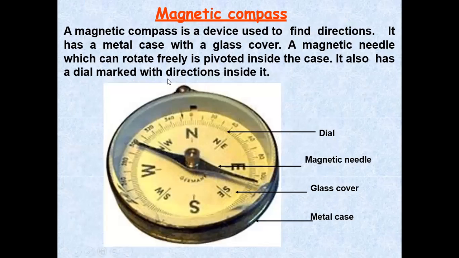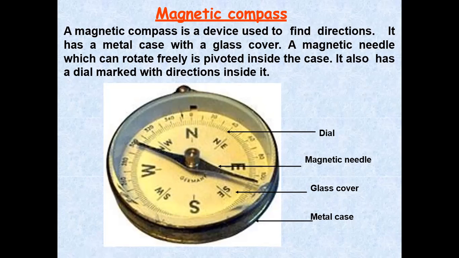Now, we have also studied about the property of magnets, that magnets help us to know the direction. So this property we use in the magnetic compass. A magnetic compass, which is used to find directions, has a metal case with a glass cover. There is always a magnetic needle inside it, and that needle is basically a small magnet.